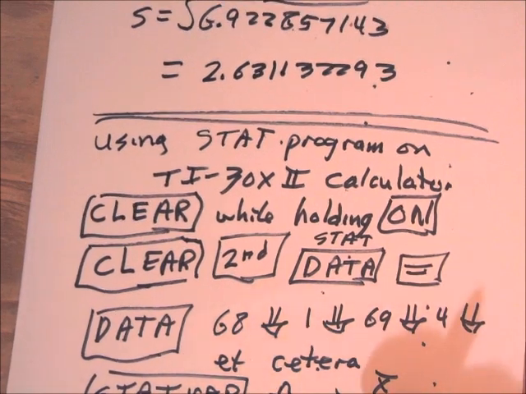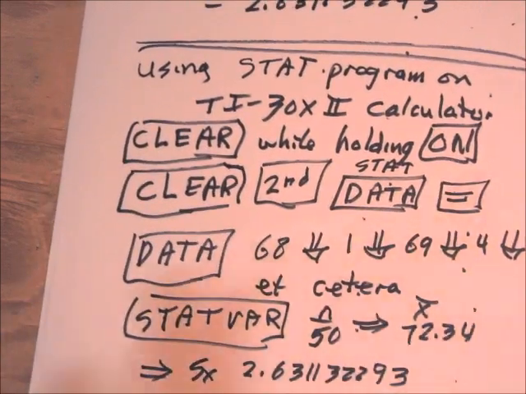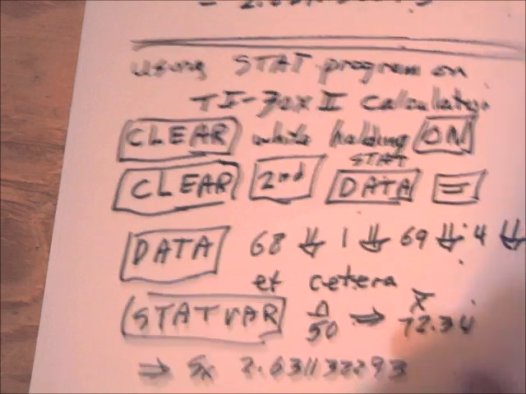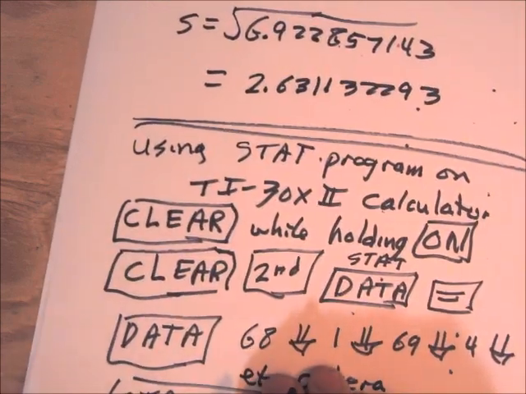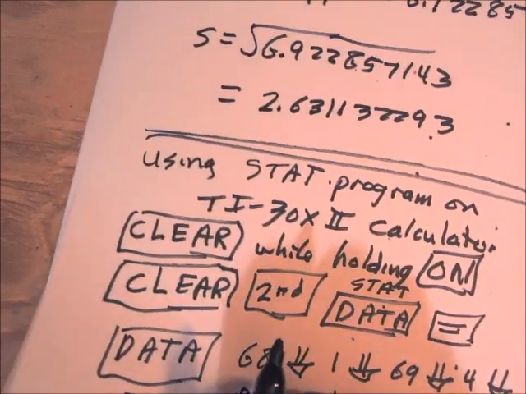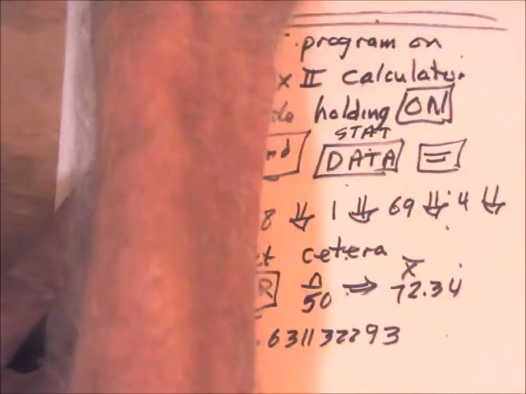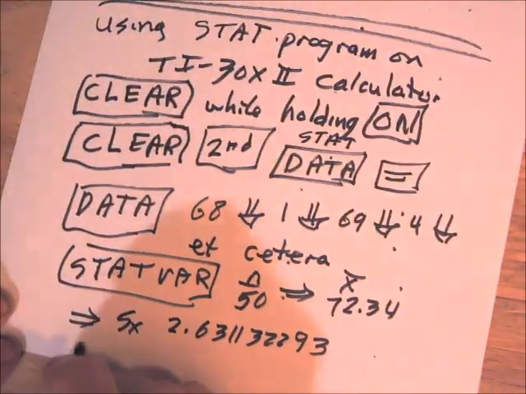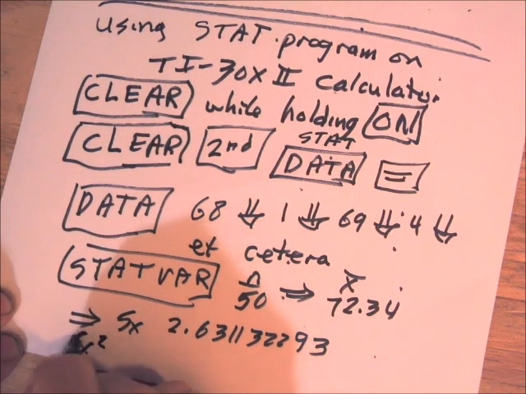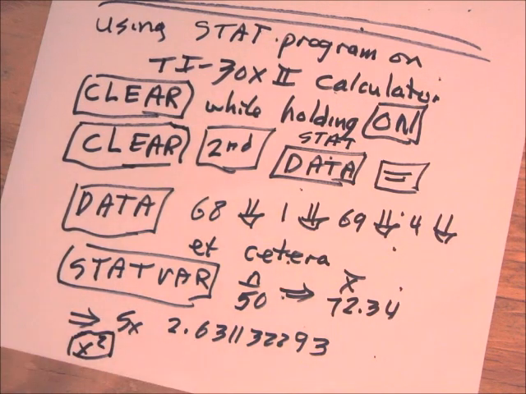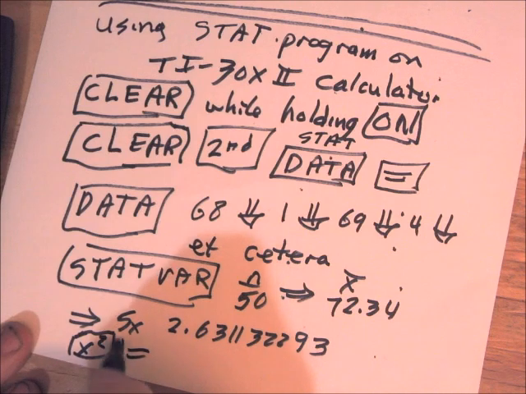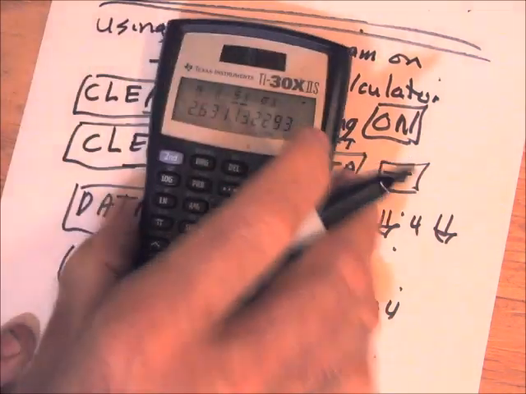Now, if you want to go back to the variance, while the standard deviation is showing, you can push the x squared key and equals. And you have to do that while the standard deviation is showing.